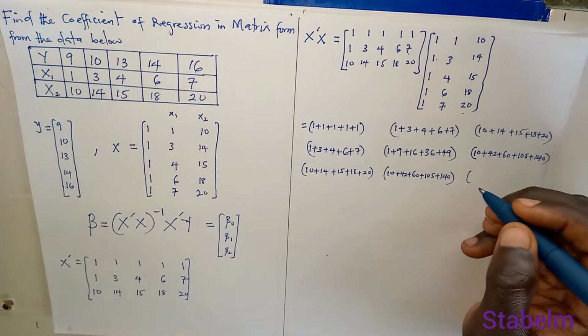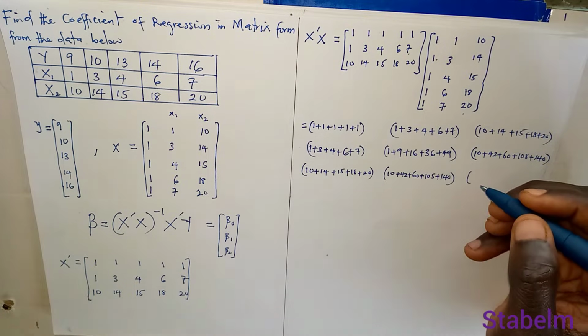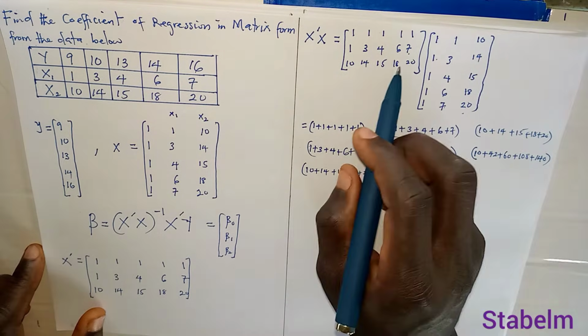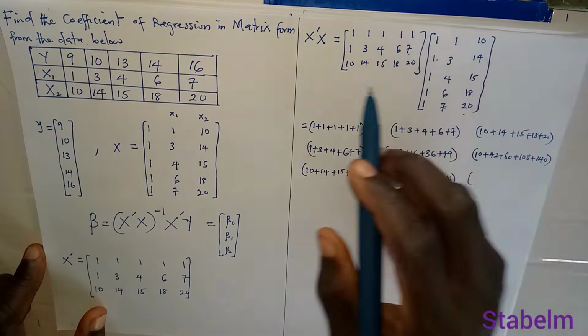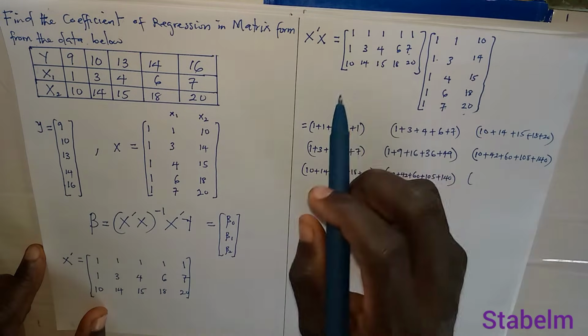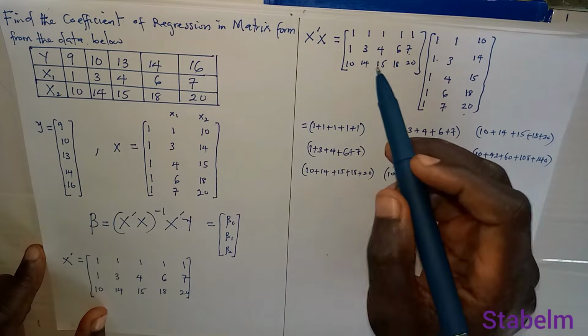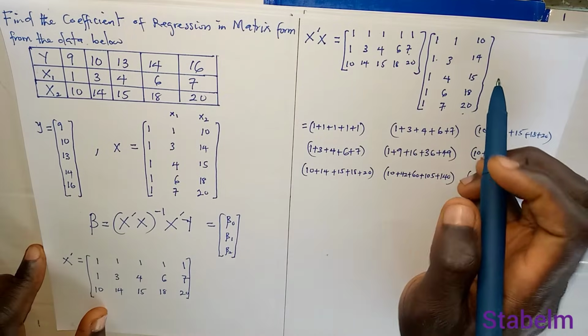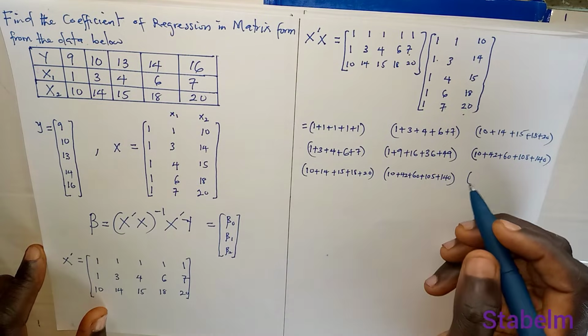And here we are trying to get the last box here. We're using the last row to multiply itself. It's like we are squaring each value here. 10 times 10 plus 14 times 14 plus 15 times 15. And what is that going to give us?